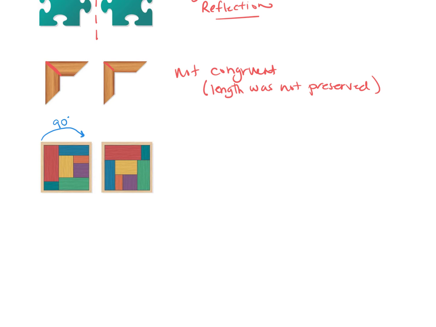So if that rotates 90 degrees, this might be kind of hard to see because I'm going to draw over these colors. That red rectangle would now be right here. Maybe I'll color it in. Not the best, but hopefully you get the idea.